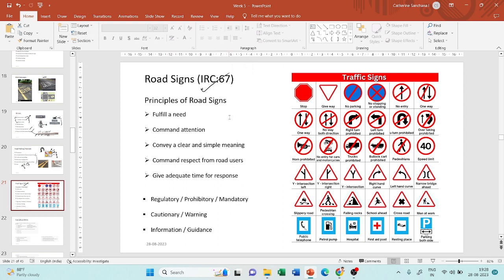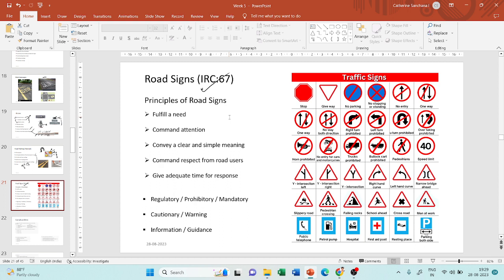So what are the principles of road signs? It fulfills a need. If it wants you to follow a particular rule, it will let you know. If it tries to warn you of what is ahead, it will let you know. Or if it gives you information, like if you are traveling to Chennai by road, it can tell you which direction to travel and how many kilometers are ahead to reach your destination.